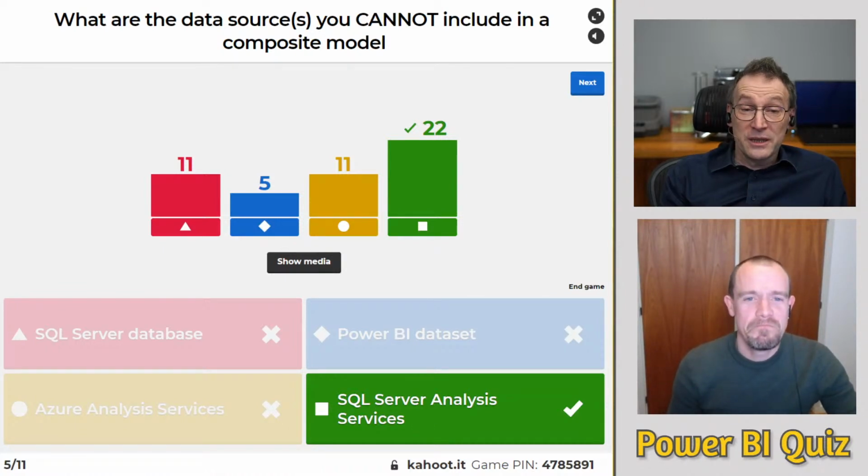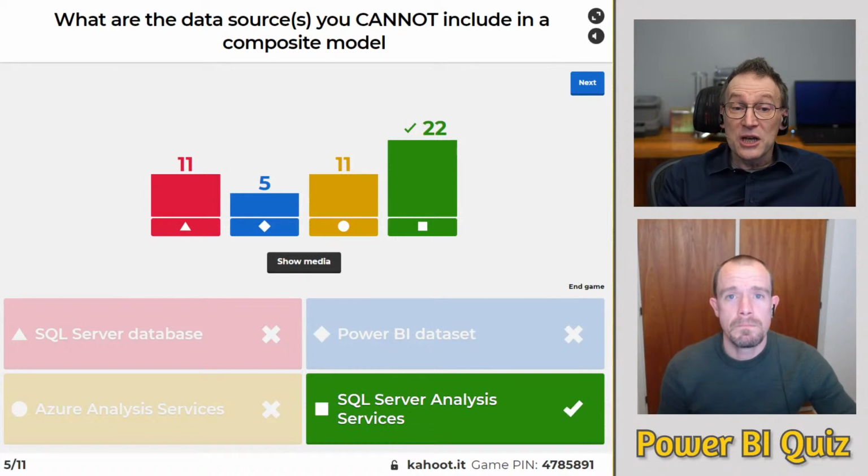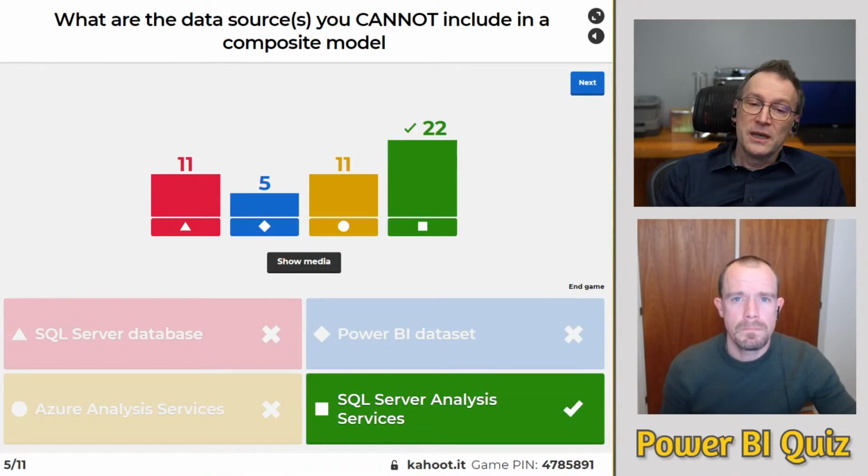Actually, in a composite model, you can mix data from SQL Server databases, any SQL Server database that you can use with the old composite models works just fine. Power BI datasets, of course, and Azure Analysis Services, because it's always aligned with the same version of Power BI.